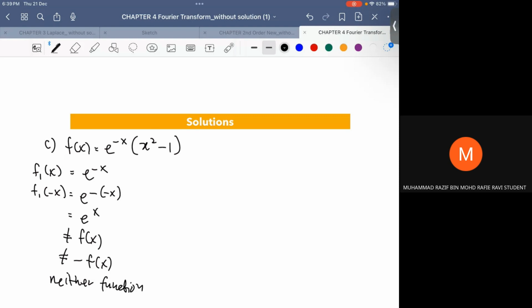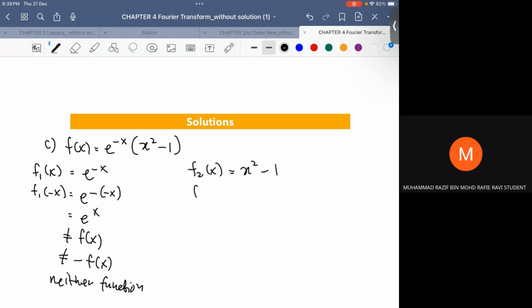Actually, I can just stop here because I know this one is neither function. Neither function multiply either odd or even function will just result in neither function. But to complete this solution, let's do f2(x) also. So f2(x) is x squared minus 1.